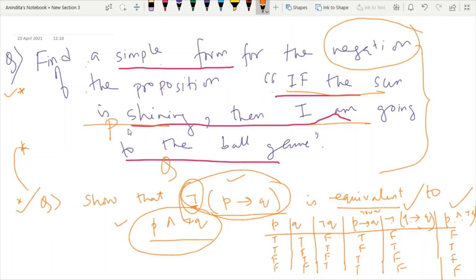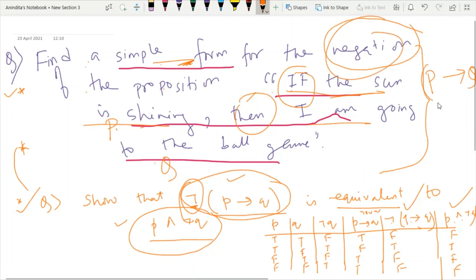Negation of P Q. And we have if and then. So due to if and then we know that we have to use implication sign, and the first statement is denoted as P and the second statement is denoted as Q. And the simple form we have to find out negation of this statement. Negation of this statement means negation of P implies Q.